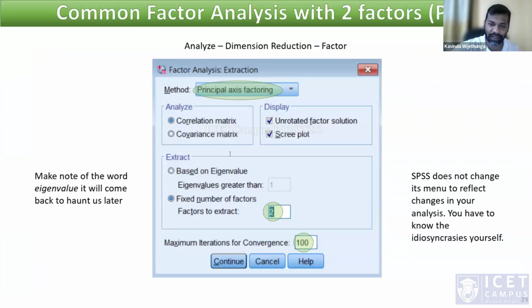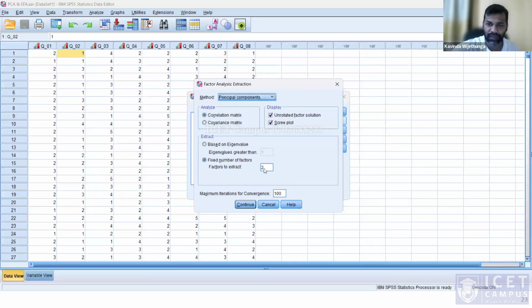I need a fixed number of factors, so I took 2 factors. I select 2 factors from there. Yeah, that's all, and we can continue. Extraction, fix 2 factors. Okay. Then we can see the output. One by one, we'll try. Yeah, so here we can see in the output.